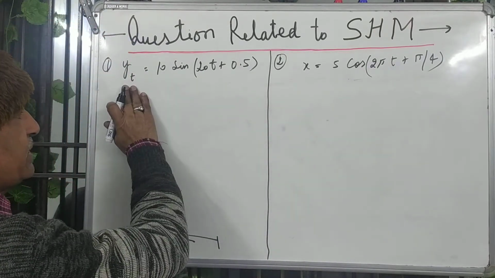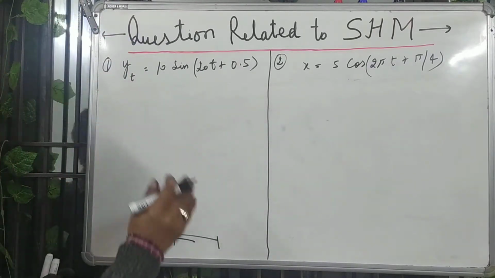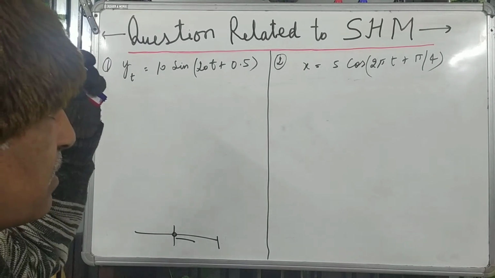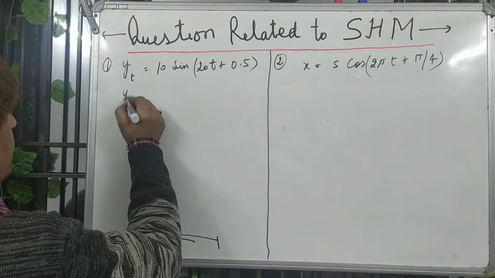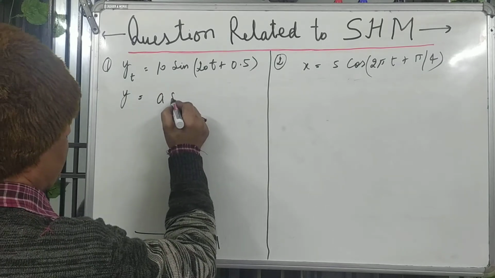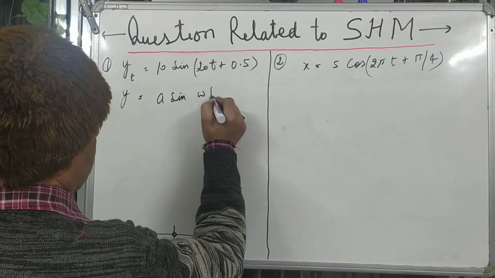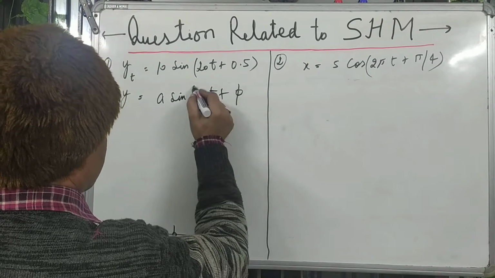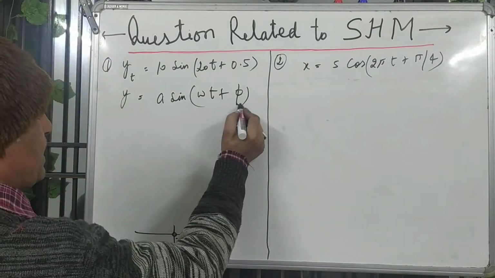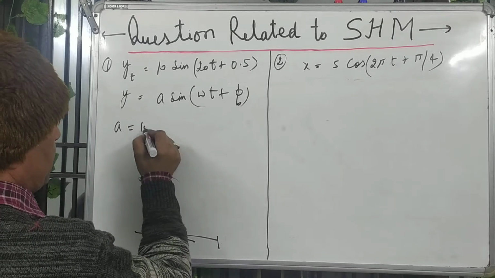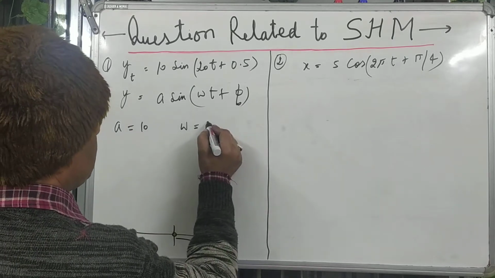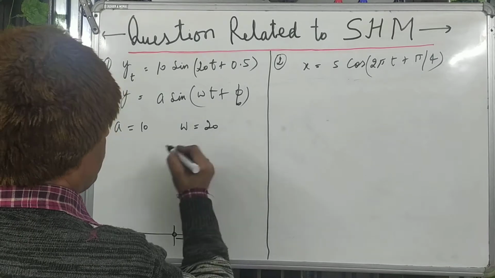So this is the sine function. You have to compare it with the standard sine function, y equals a sin(omega t plus or minus phi naught). So this implies amplitude is 10 and omega is 20.